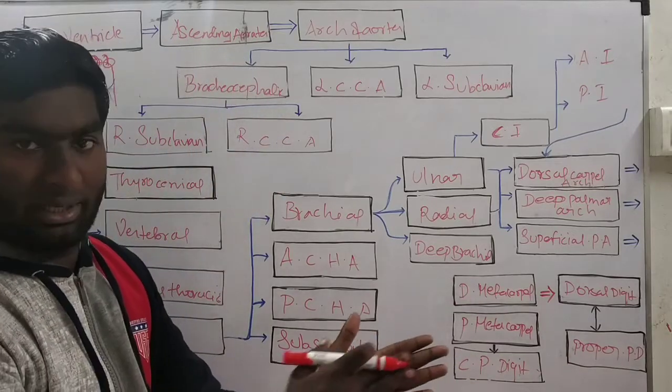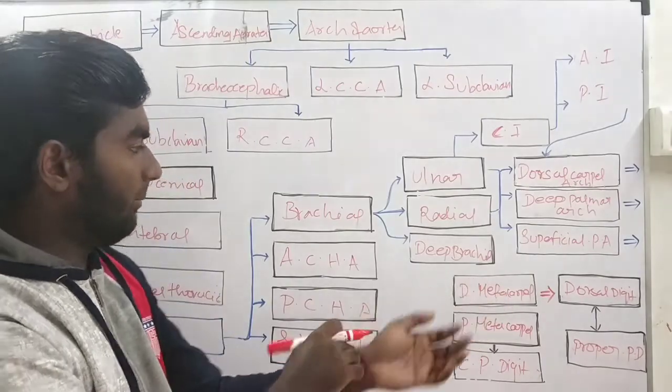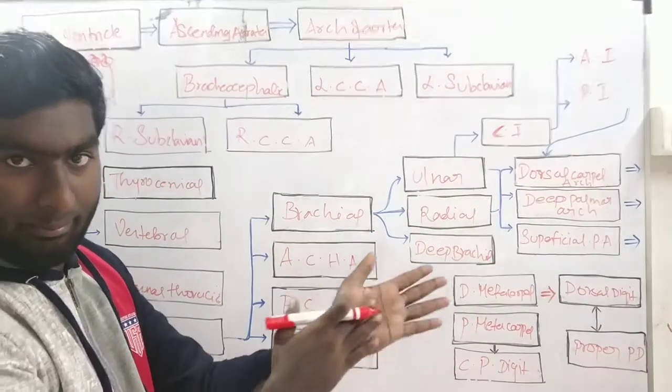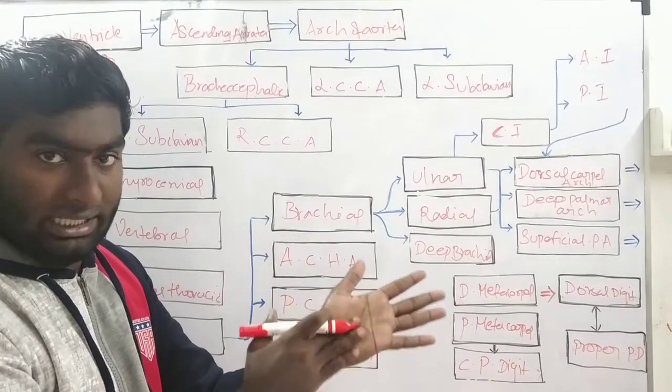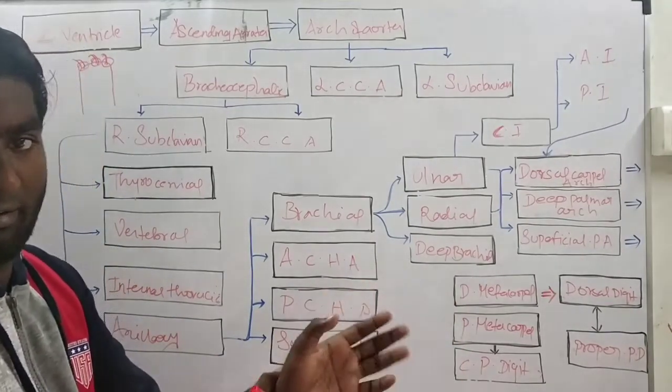We will see these arteries of the hand separately. We will see the palmar arch and the deep palmar arch in the gross anatomy. I will show these arteries of the hand separately.